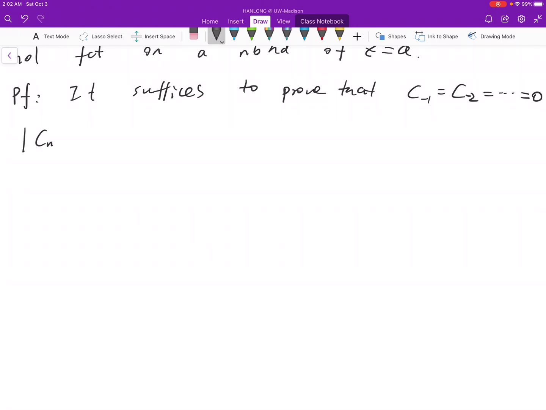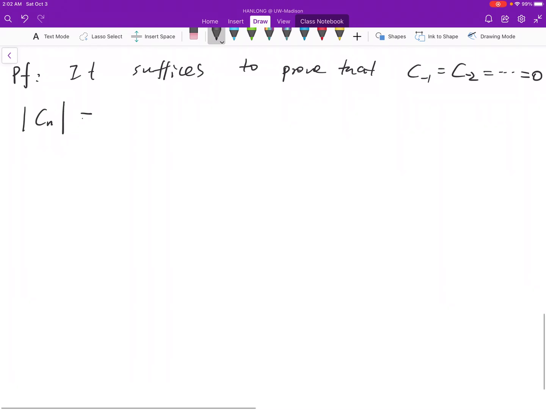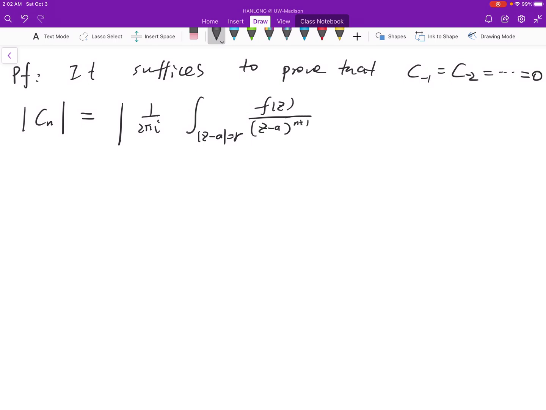Now, let's compute C_n. By definition, the absolute value of C_n is 1 over 2 pi i, the line integral along the circle of radius r, f(z) over (z minus a) to the n plus 1 power, dz.